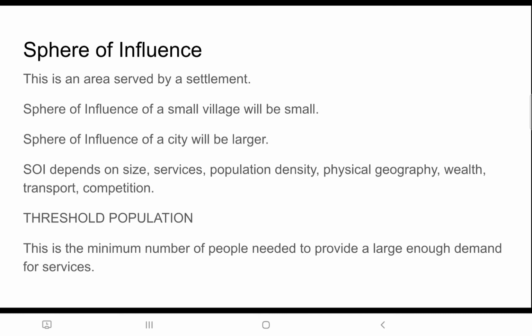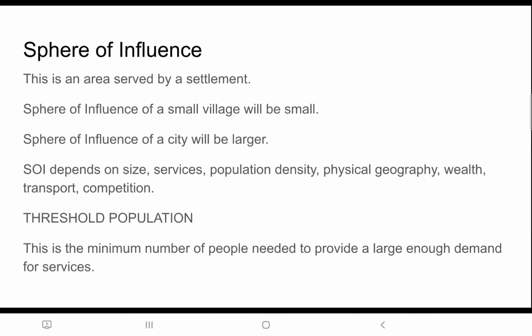And we also have the threshold population. So this is the minimum number of people which is needed to provide a large enough demand for services. For example, some companies such as supermarkets will require a minimum population size before they set up a store in a particular area.